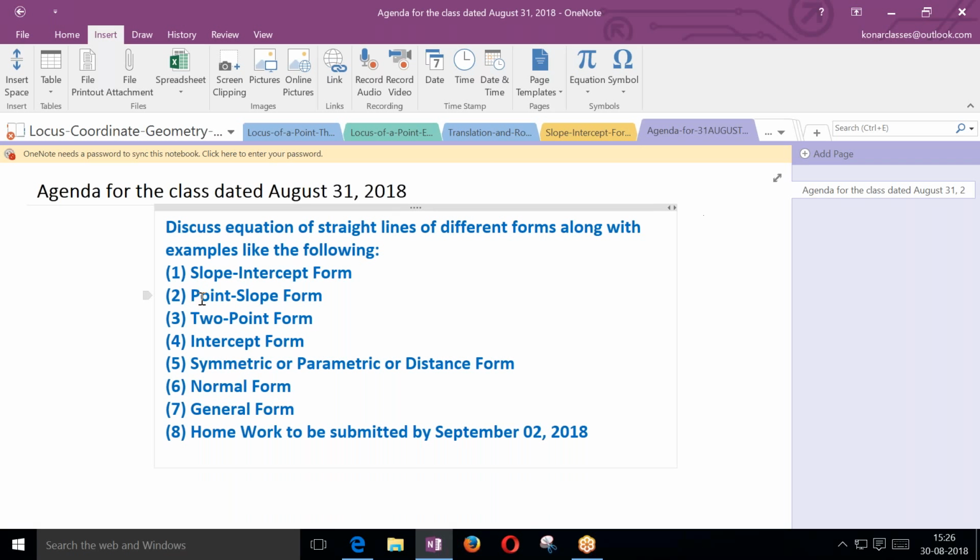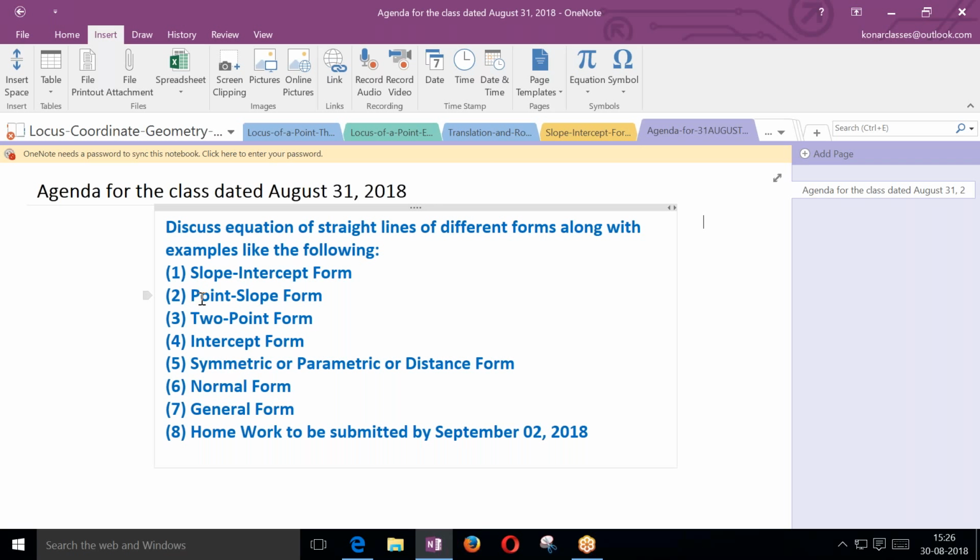That means 2 points are given through which the straight line is passing. Fourth one is intercept form. Intercept form means that the straight line makes an intercept on both the coordinate axes. That means we need 2 pieces of information: how much intercept it made on the x-axis and how much on the y-axis.